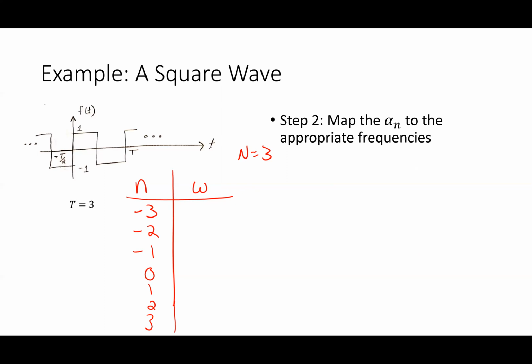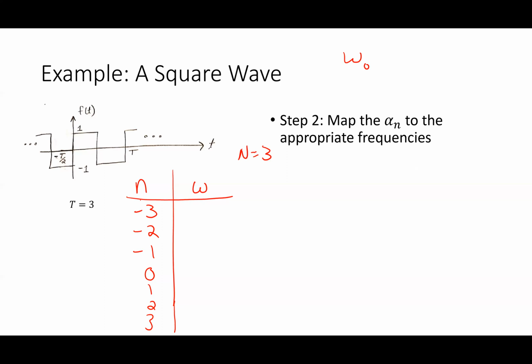Okay. So what frequencies do those correspond to, in terms of omega naught? Omega naught has a special name, right? What's the name of it? Fundamental, right? So what frequency do I have when n equals -3?